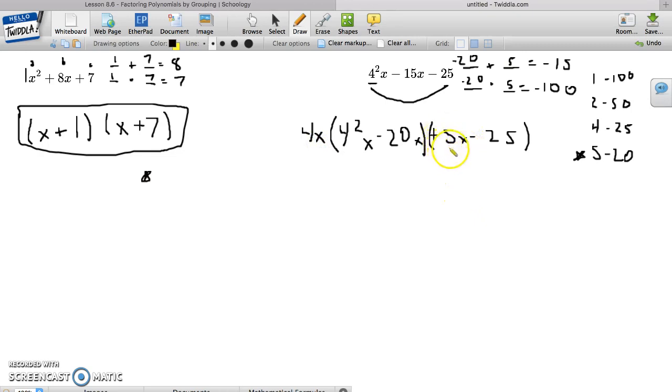And then for this second group, we notice that 5 is a common number between the two. I'm just putting that up there because we have no room for it down here. And then you just solve it out.